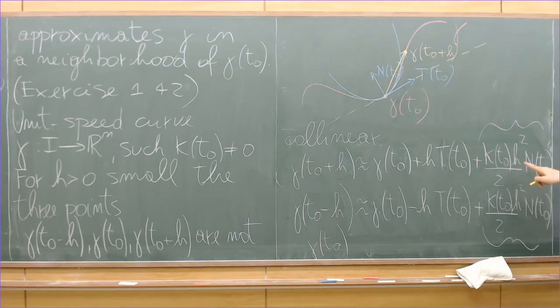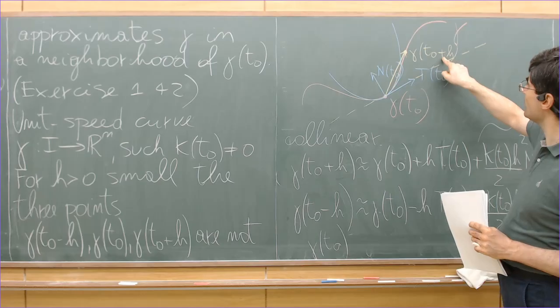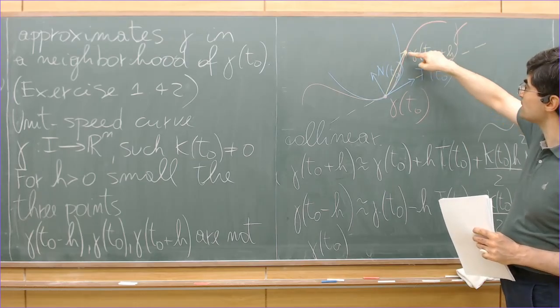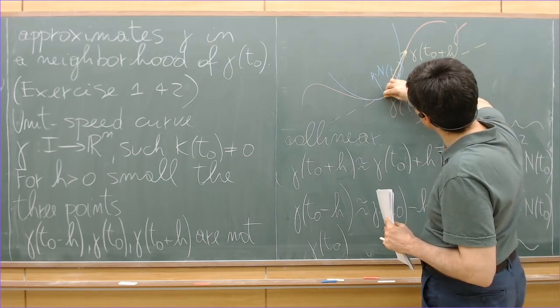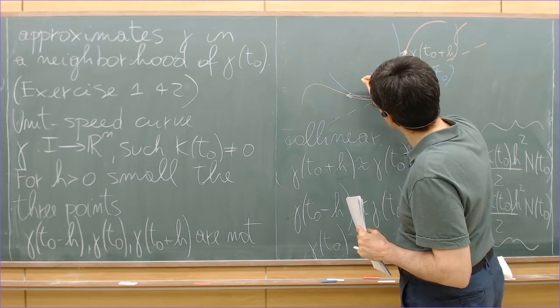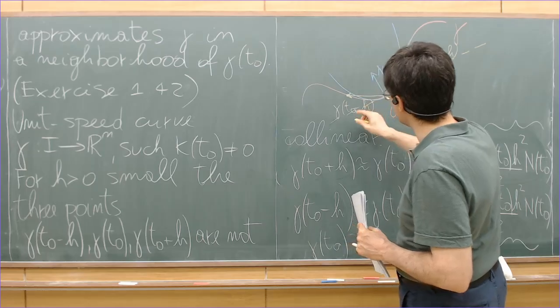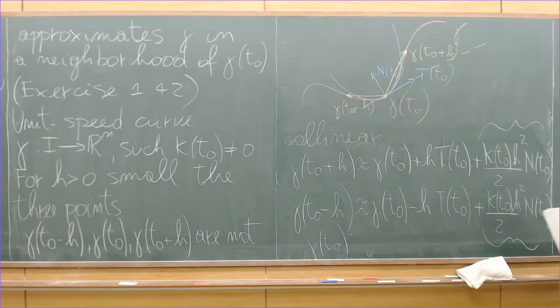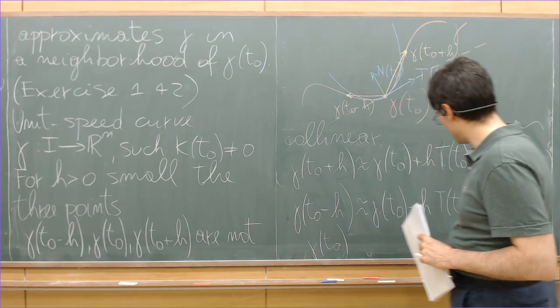Because of these two terms, it's not the case. So we have that gamma t0 plus h is located here, and gamma t0 minus h is located, for example, here.